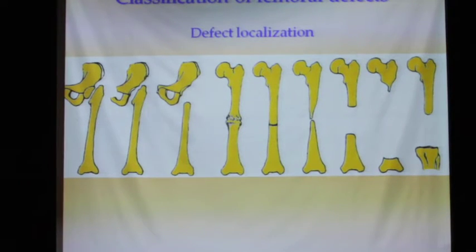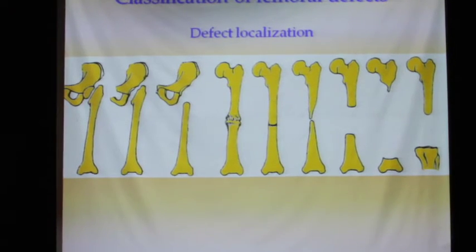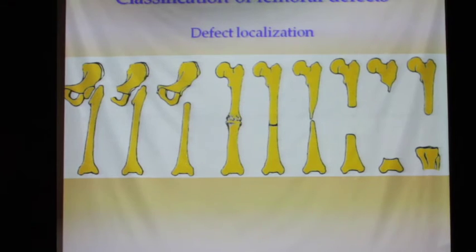So, very categorically, after 30-35 years of work, we find out where the gap is, where the non-union is. Number 1, in cases of the neck of the femur, it goes into non-union. Number 2, where the whole head is not there and the trochanter is not there.